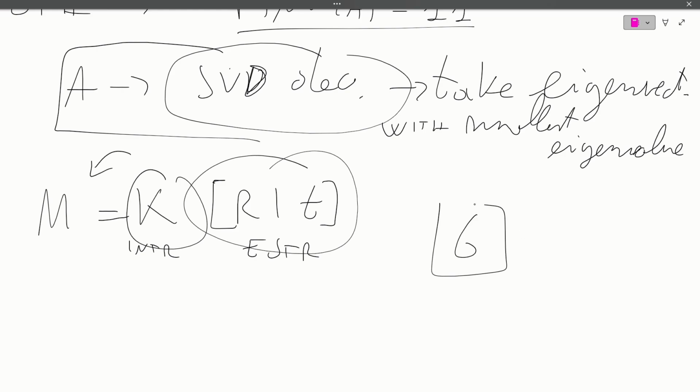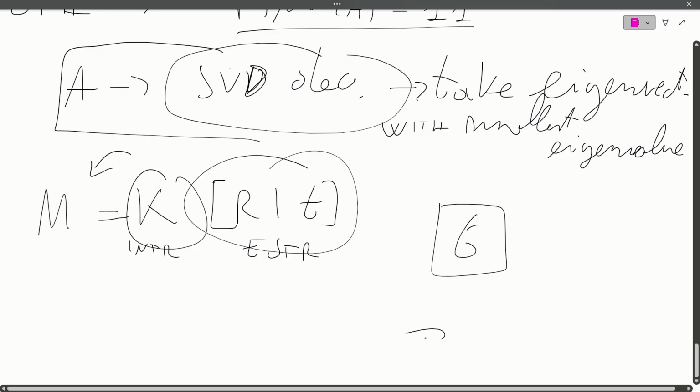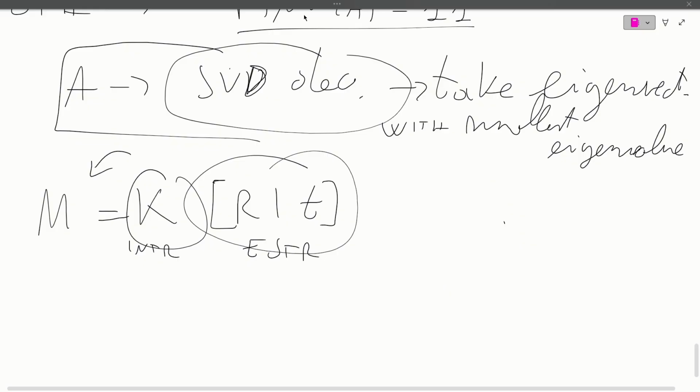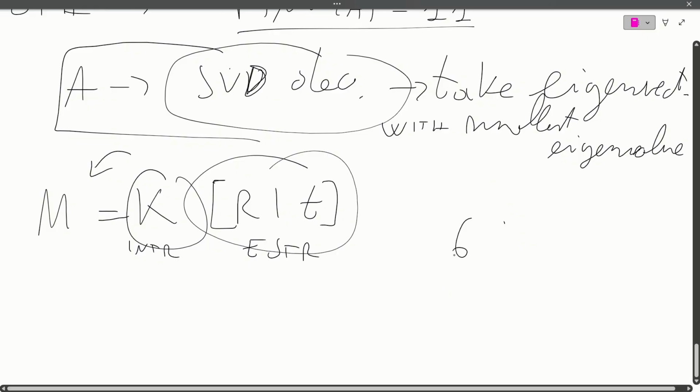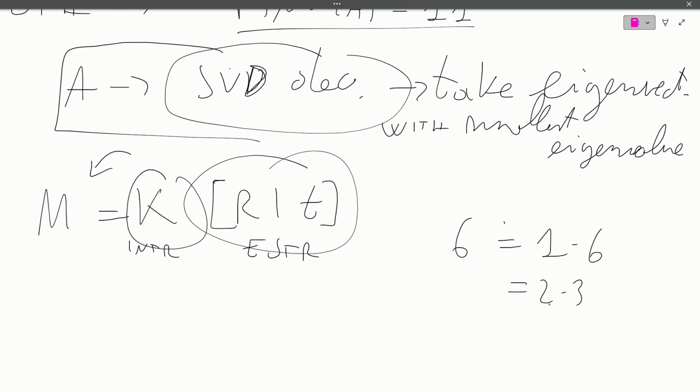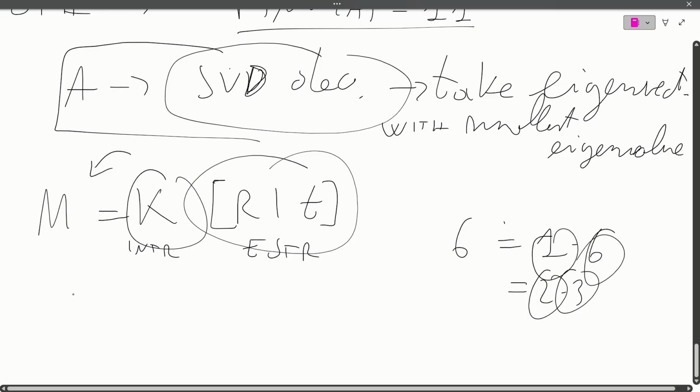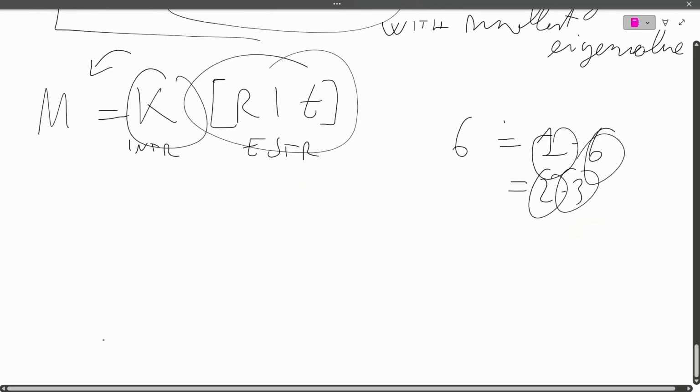It's like saying that we have found 6, but what is 6? Is it 1 by 6 or is it 2 by 3? We need to know this. It's important. So we have to factorize M.